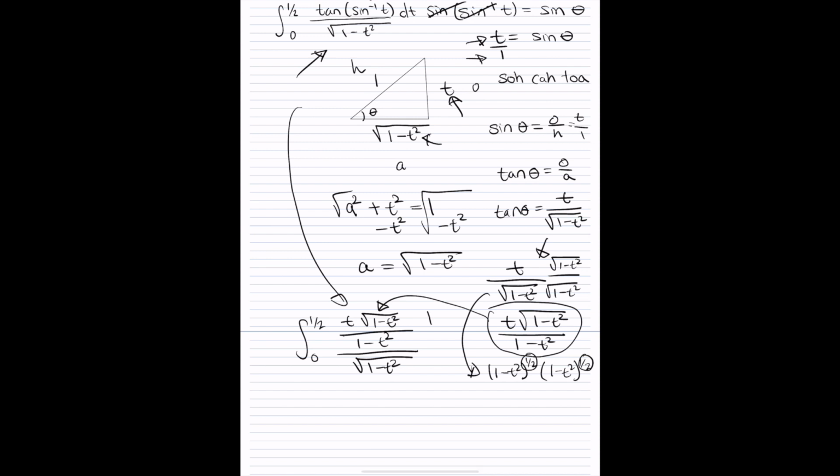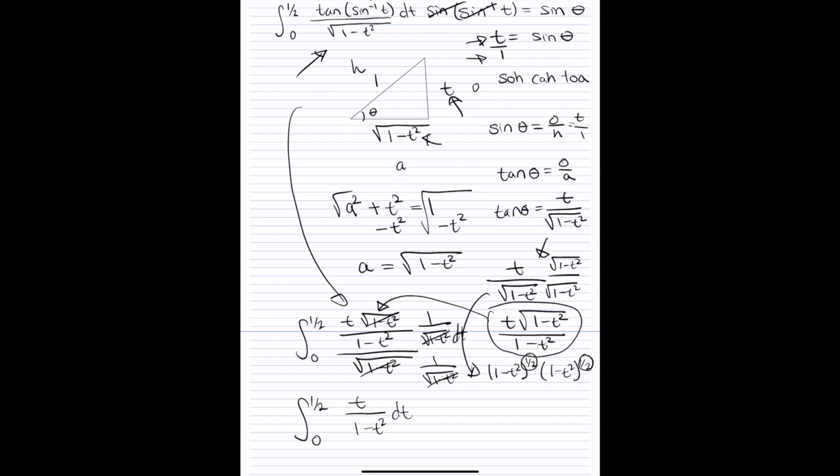So we got 1 over square root 1 minus t squared. So we do it on the numerator and the denominator. So these will actually cancel out. So we end up with, so we still have the same limits, t over 1 minus t squared dt.